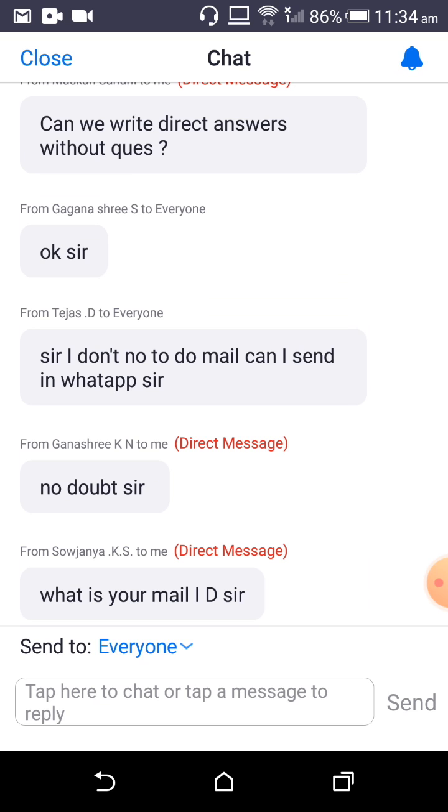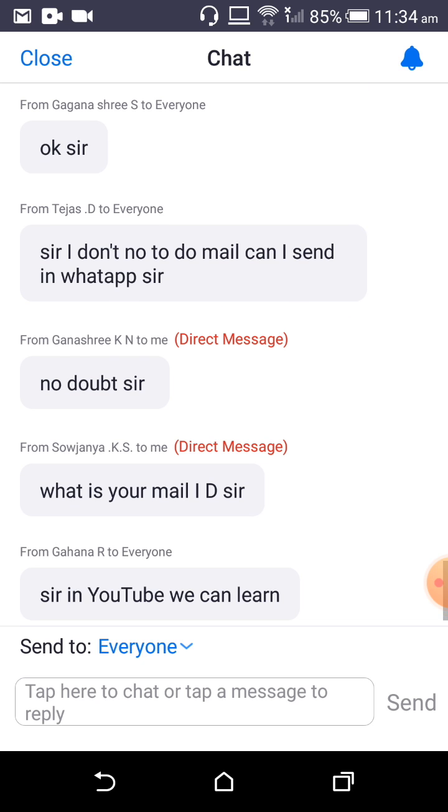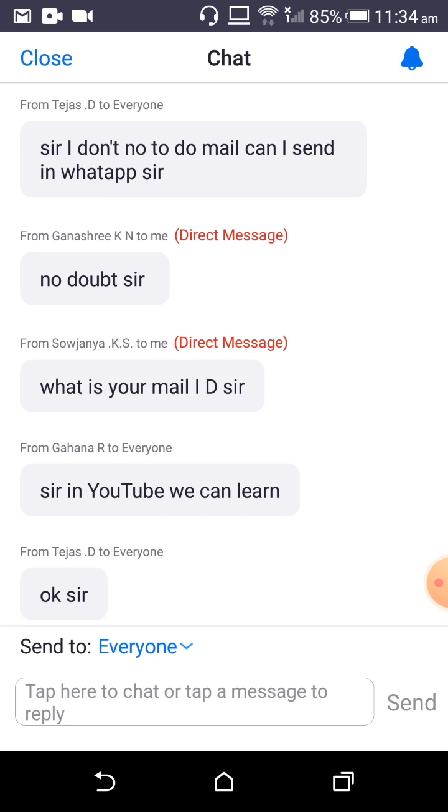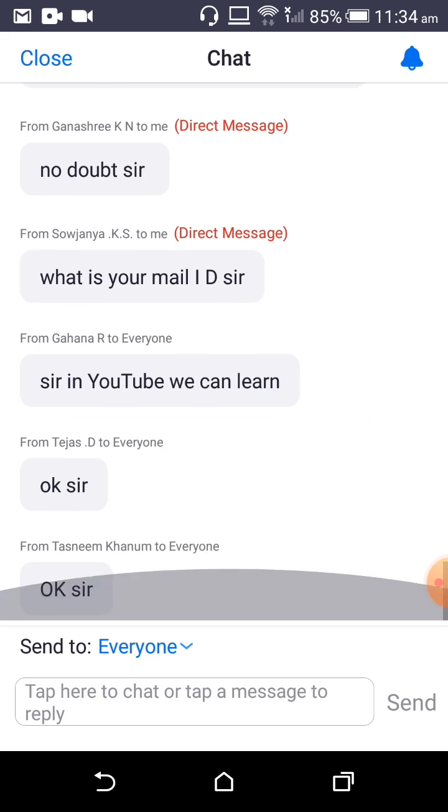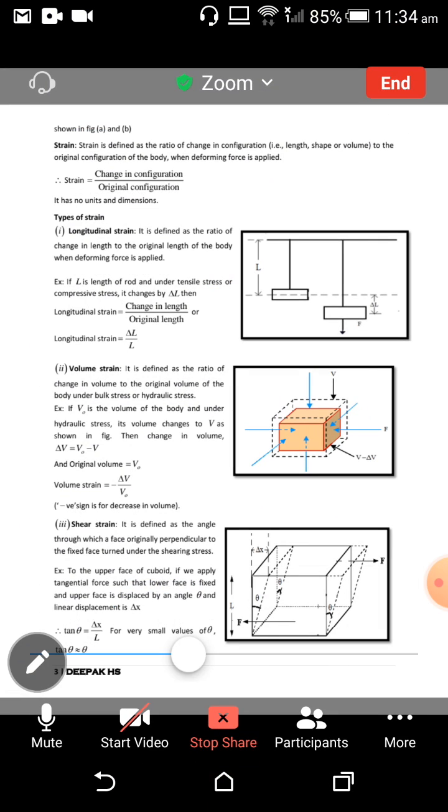Just scan any sheet or document as a sample, convert it into PDF, then send it to your own email ID, so it will be easy for you once you are done with the test, and easy to send to our respective email IDs. Okay, fine. Anything else to be asked?